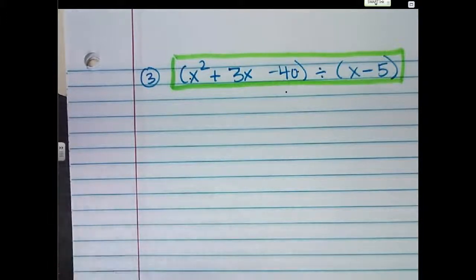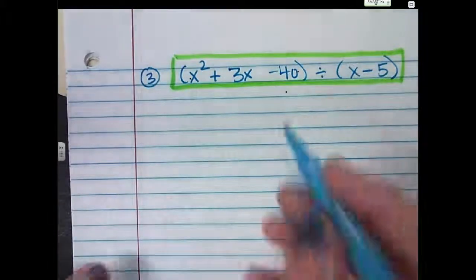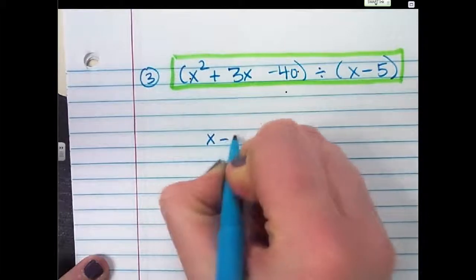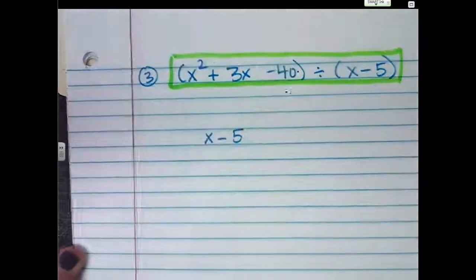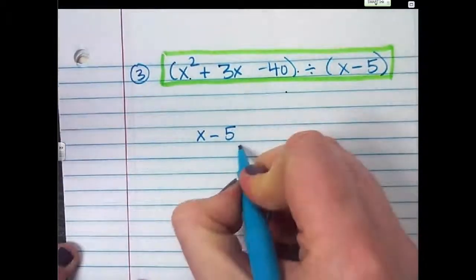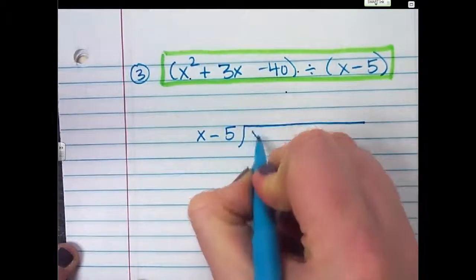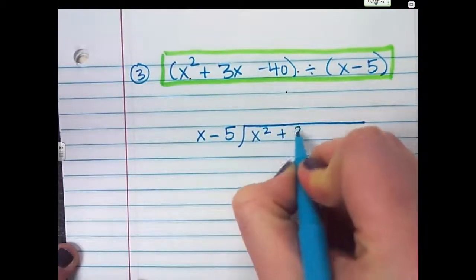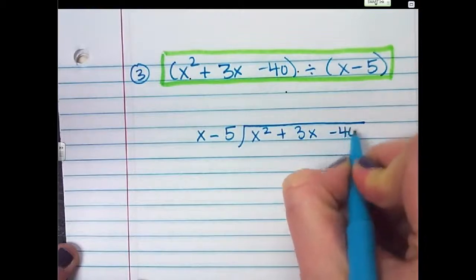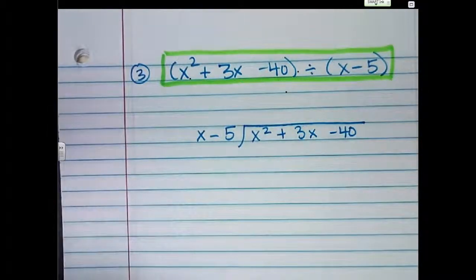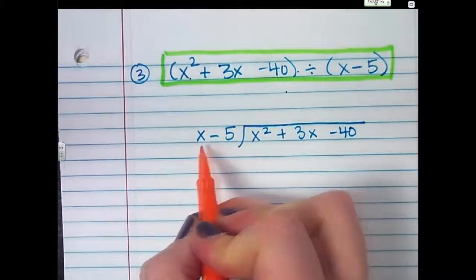It's not horrible. I promise. Okay, so the smaller one goes on the outside. x minus 5 is our divisor. And on the inside goes x squared plus 3x minus 40.